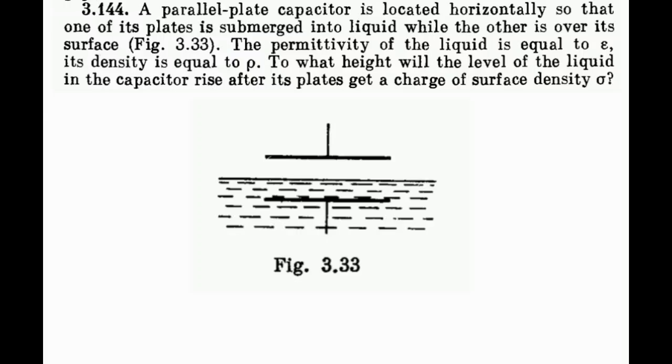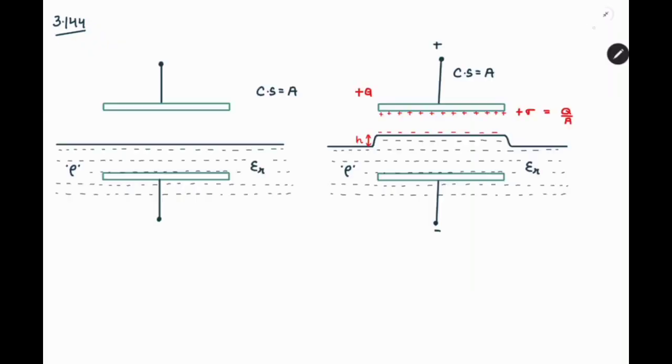So let's get started by drawing a diagram of the situation which the problem is stating. This is the initial situation when the charge on the capacitor is 0. And then after a while, the upper plate is positively charged and the lower plate will be negatively charged.